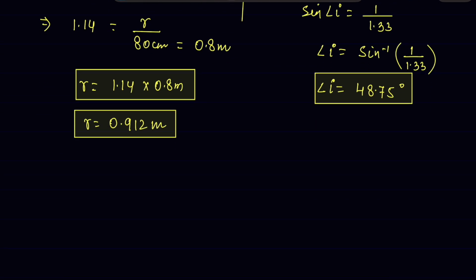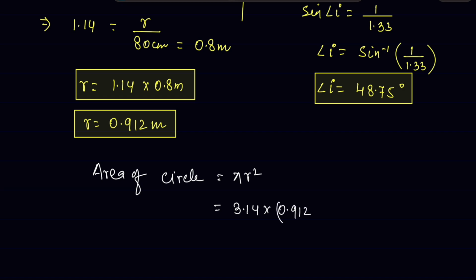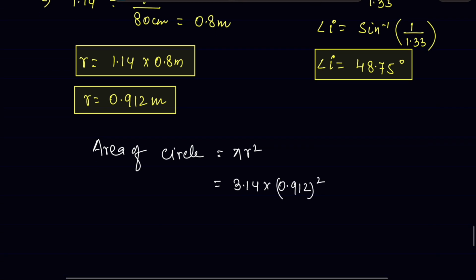Area of a circle is equal to pi r square. Pi is 3.14. Radius is 0.912 whole square. So area of circle is equal to 2.61 meter square.